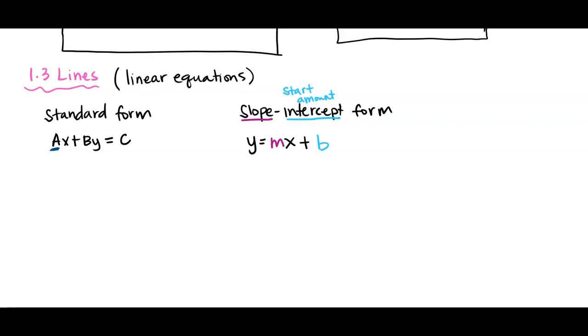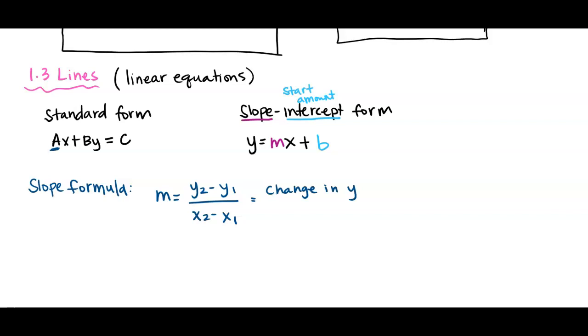Also, it looks like most of you are good with the slope formula, which is m equals y2 minus y1 over x2 minus x1. So notice that it's the change in y's over the change in x.